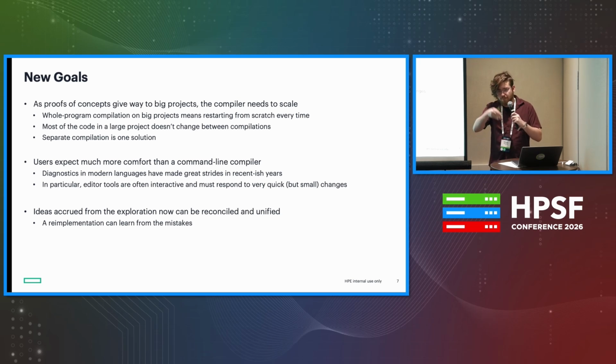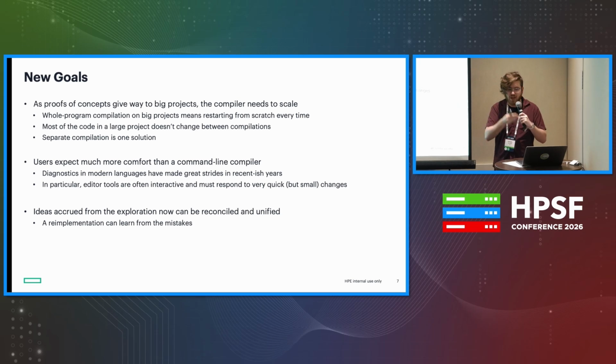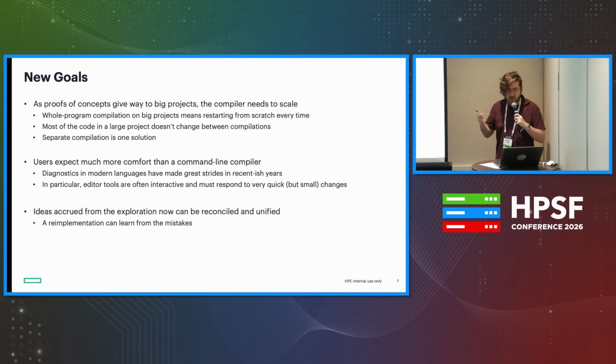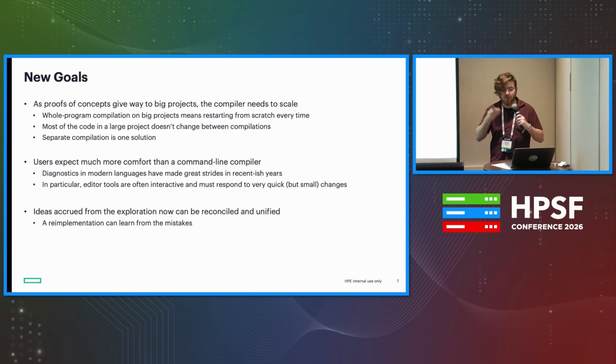So the users end up making lots of tiny changes, and you can't just rerun the compiler on that whole file, doing all that whole program compilation, because that just wouldn't be fast enough, and you'd be redoing a lot of work. And finally, at the point that this effort started, we had learned more about what Chapel is, the patterns that are common to it, the pieces of the language, and so we thought that we could implement them in a more direct, simple, and unified way.